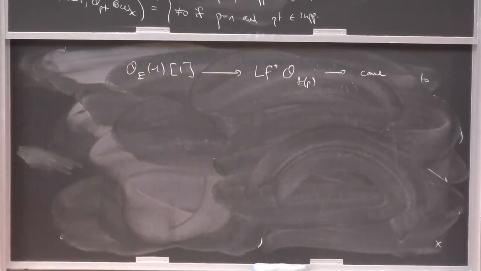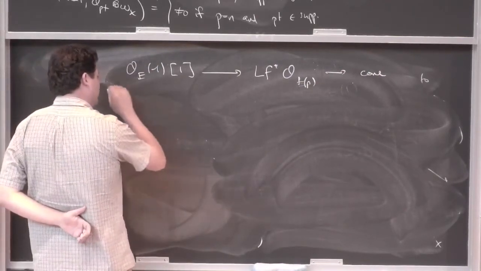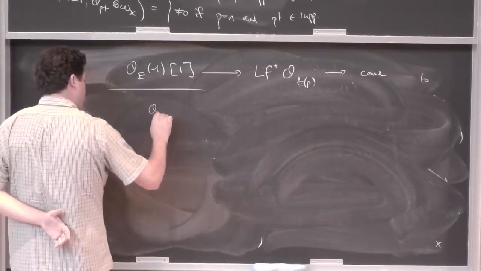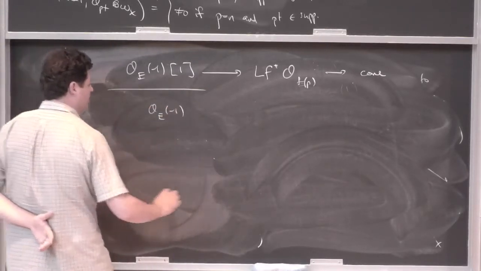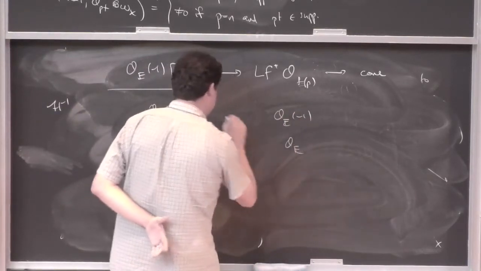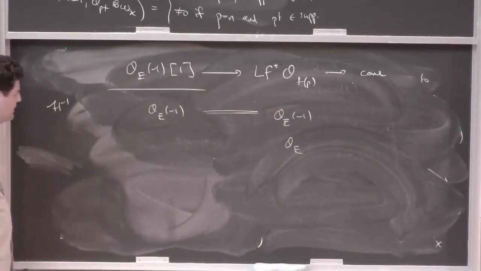Well, we get the long exact sequence in the cohomologies of the cone. Here I'm going to have H minus 1 is going to be OE minus 1. Here I'm going to have OE minus 1 and OE. By construction, that's going to be the identity.